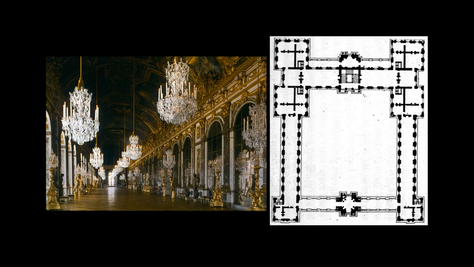But if we take a look at French palatial residential architecture from the 16th, 17th, and 18th centuries, we're going to see a building component, specifically the gallery, that seems to be a pretty good fit for those individual structural units that Kahn designed. In these images, we're looking at the interior of the Galerie des Glaces at the Palace of Versailles, and in the plan of the Palais de Luxembourg in Paris.